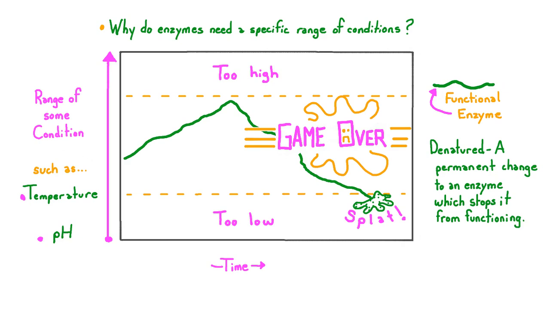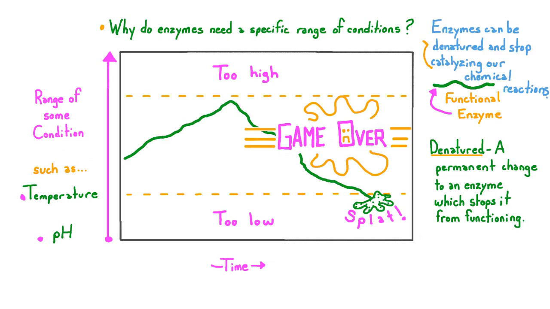A denatured enzyme is one that's been permanently changed so that it doesn't function anymore. So why do enzymes need a specific range of conditions? Because outside those conditions, enzymes can be denatured and then stop catalyzing our all-important chemical reactions of life.